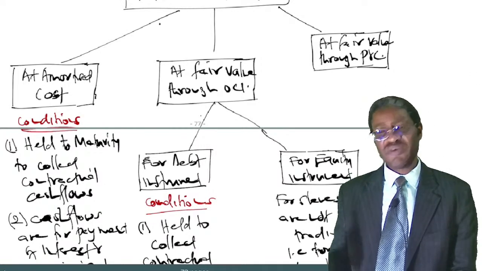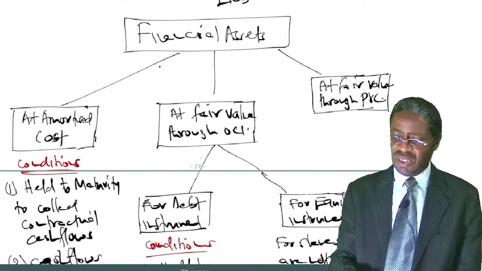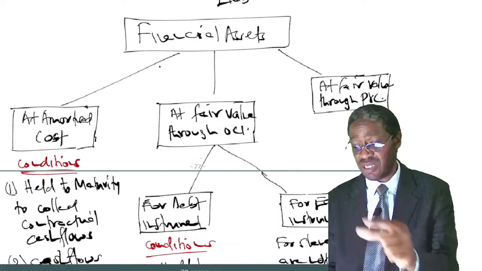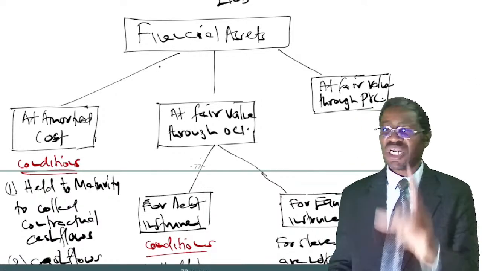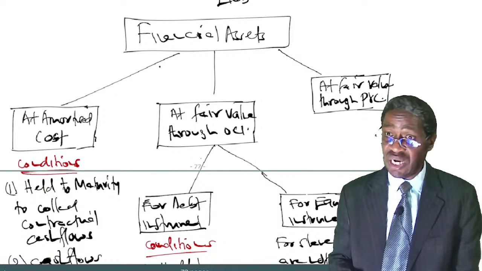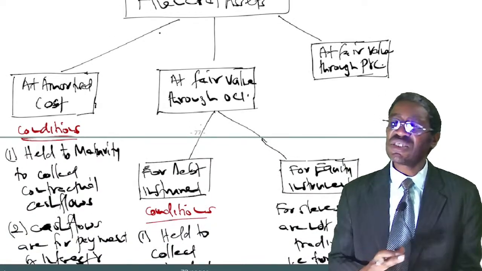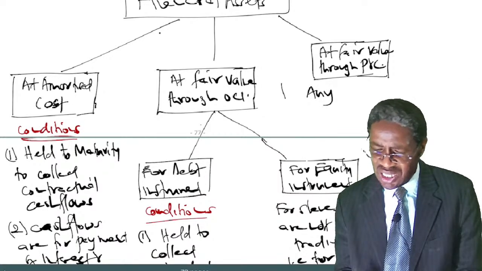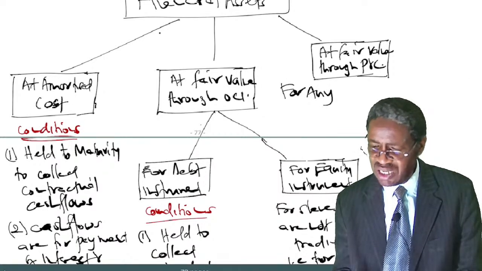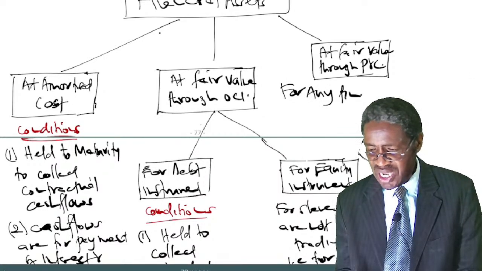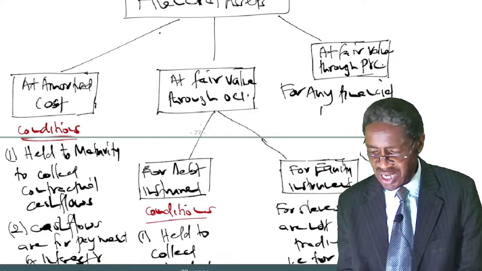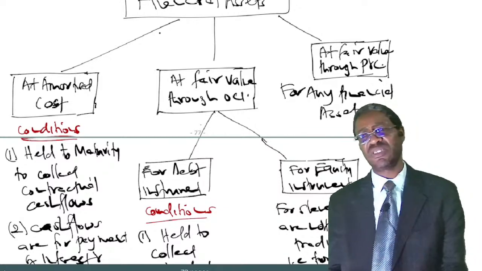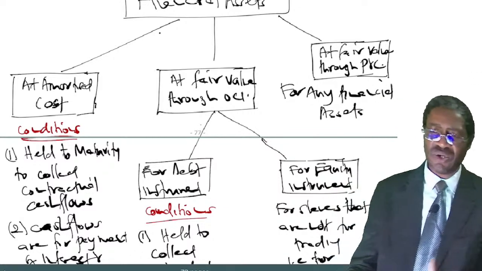Good. Finally, what are the financial assets that should be measured at fair value through P&L? Now listen, it is for any other financial asset which cannot be classified in any of the other categories.